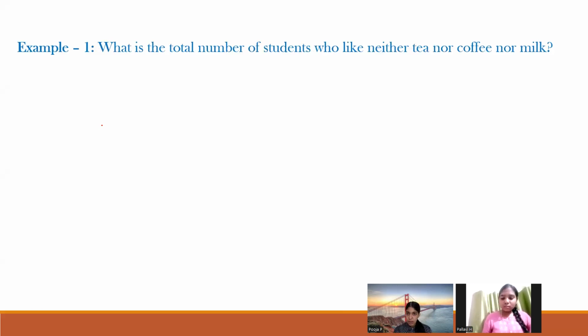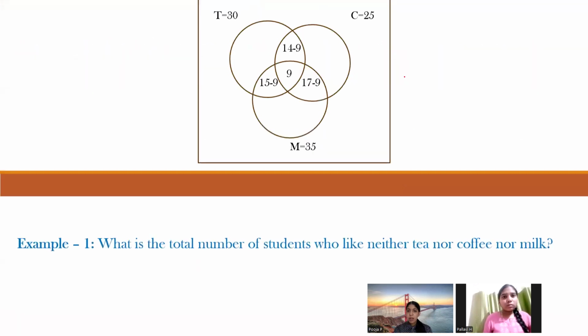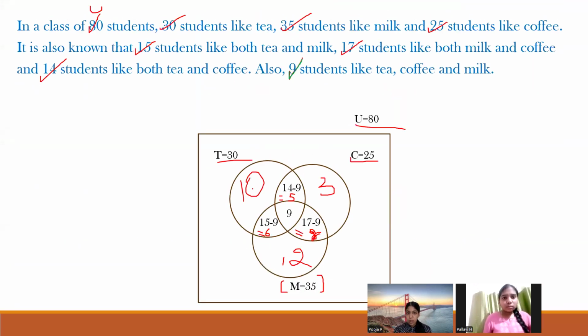So moving to the first example, what is the total number of students who like neither tea nor coffee nor milk? We have found out all these values, but they are asking for this value. This is the rest of the values, where people don't like tea, coffee, or milk.